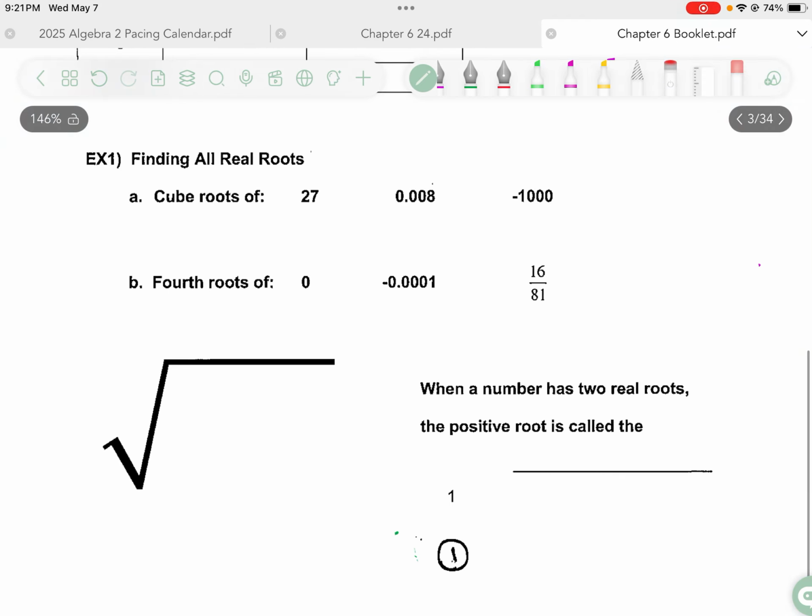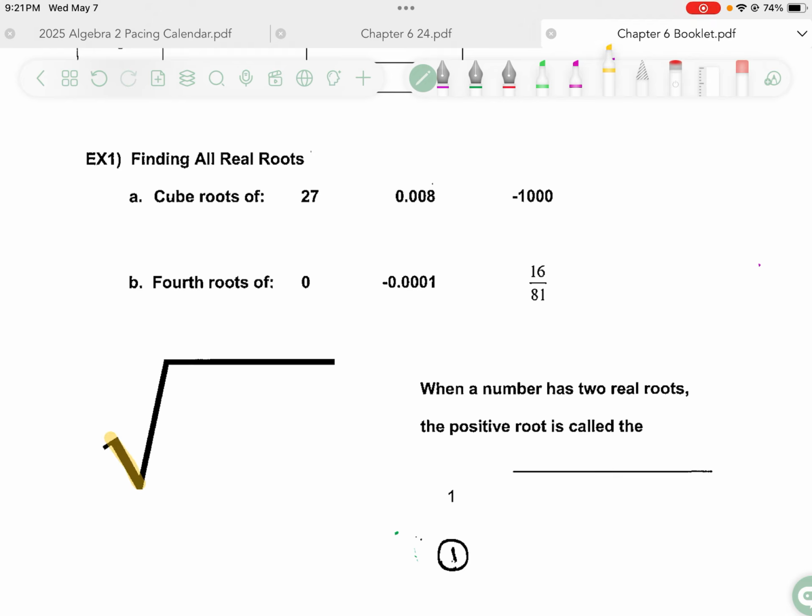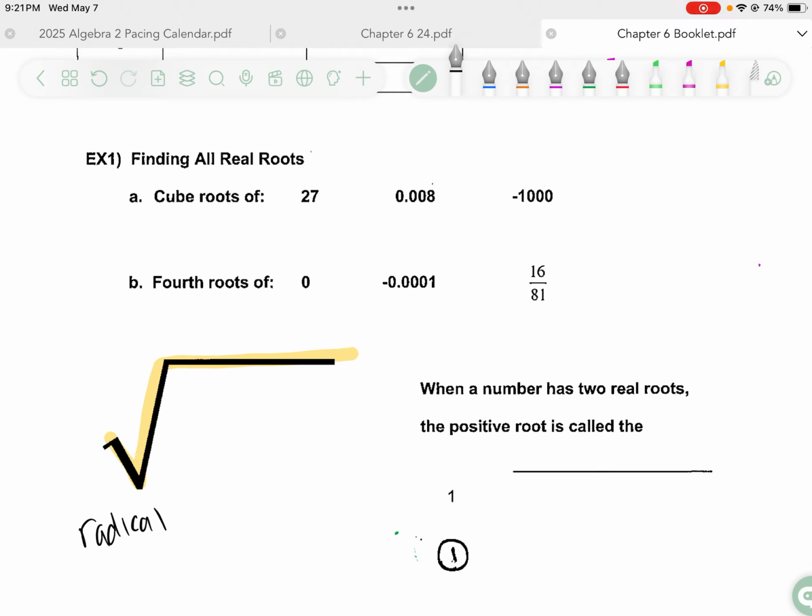You guys know this symbol as the square root symbol, but that's only whenever we're working with problems that have an index of 2. Okay, so this symbol, we're going to now start referring to it as the radical. Whatever's inside the radical, that's called the radicand.